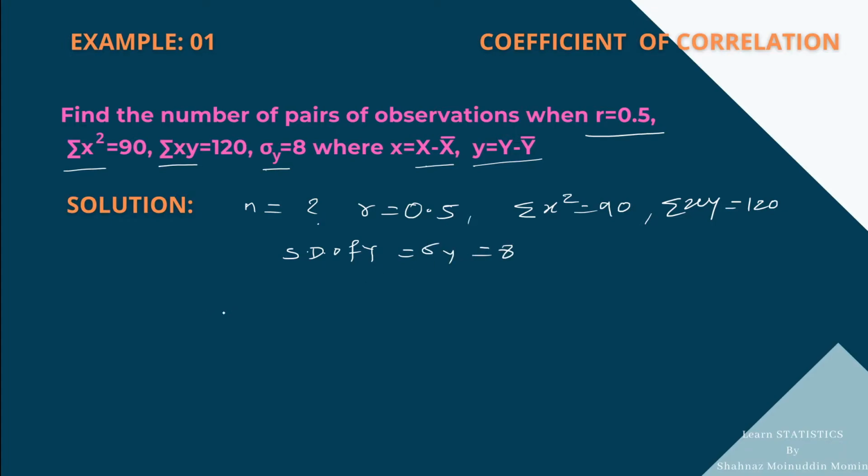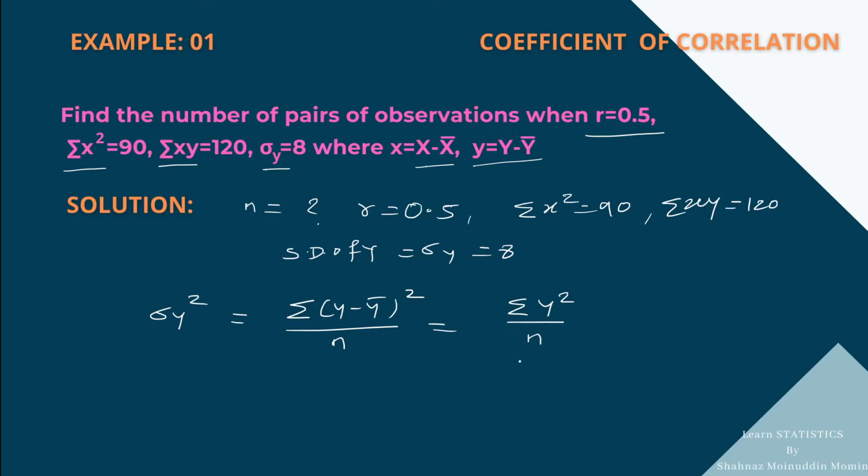Now we know that sigma y square, the value of variance of y, is equal to summation y minus y bar square divided by n, and this is nothing but summation y square by n.